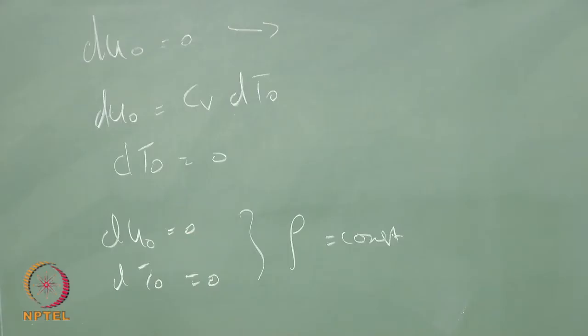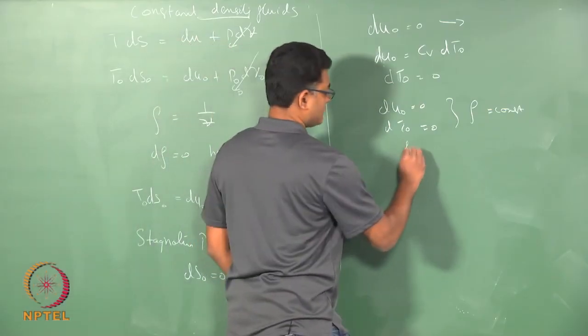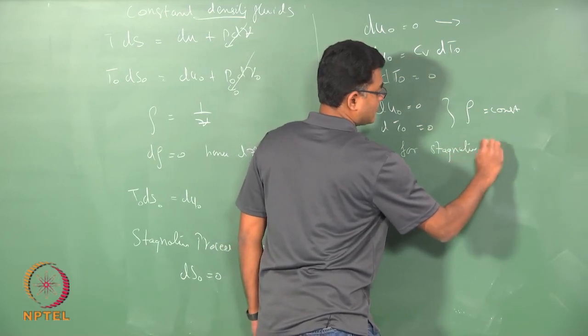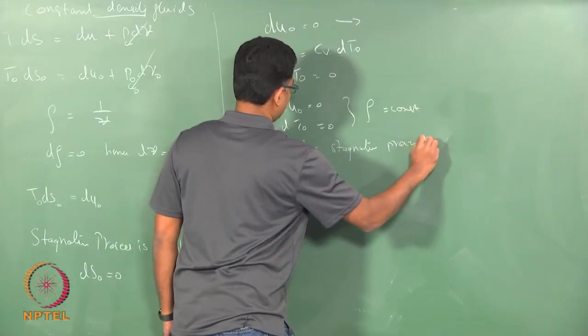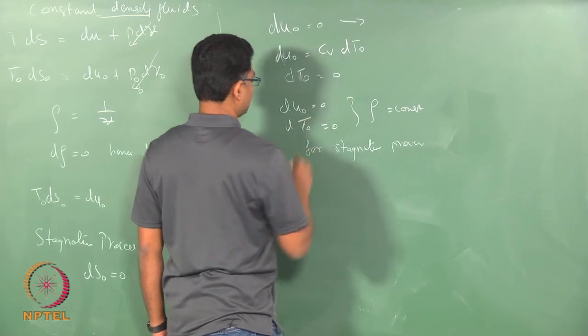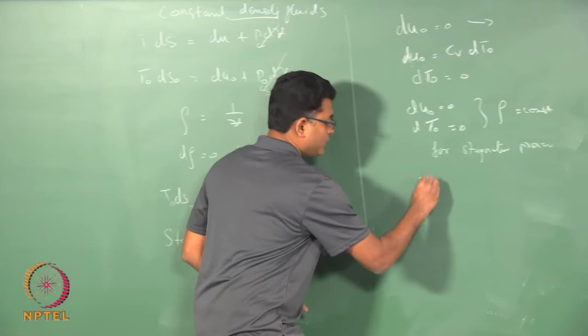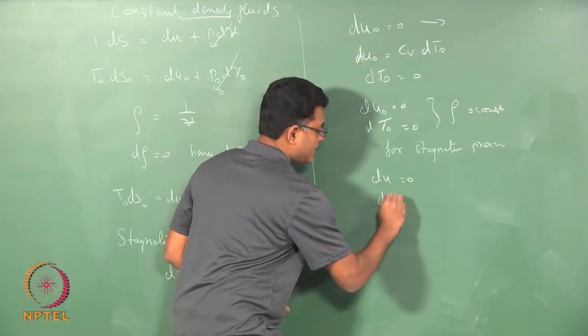for a stagnation process where my ds is 0. Which is also true if I write du is 0 and dT is 0.